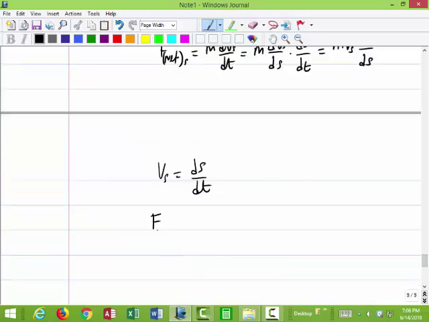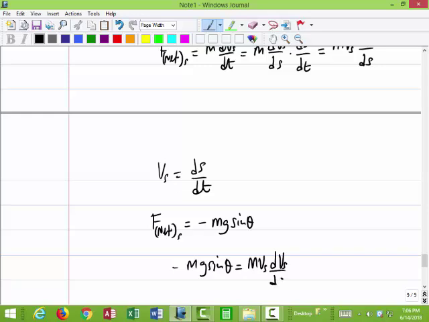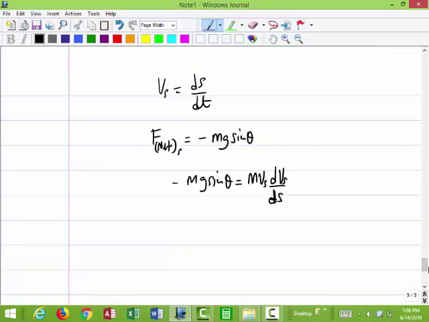So the net force in the s direction along the ramp is equal to minus the weight, which is mg, times the sine of the angle, sine theta. So we can now say that minus mg sine theta is equal to m v subscript s dv subscript s ds. From here we can continue our analysis.